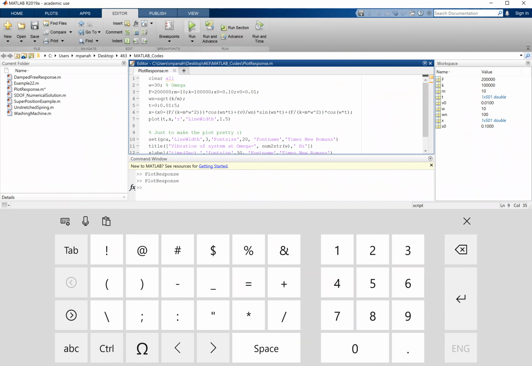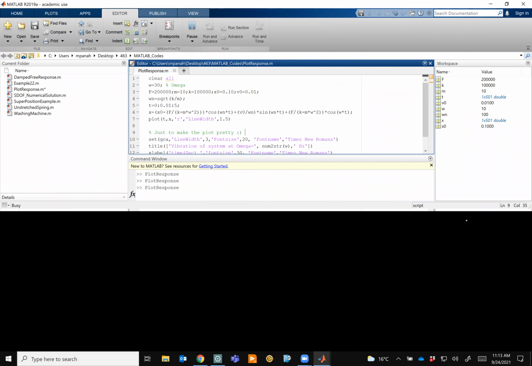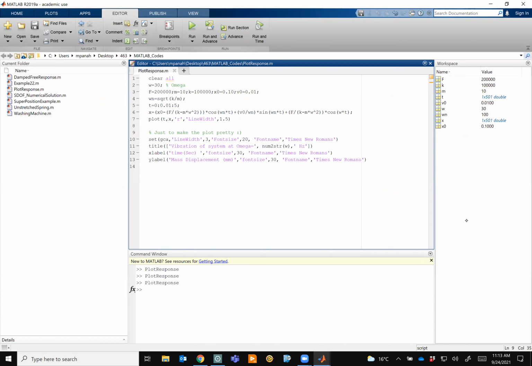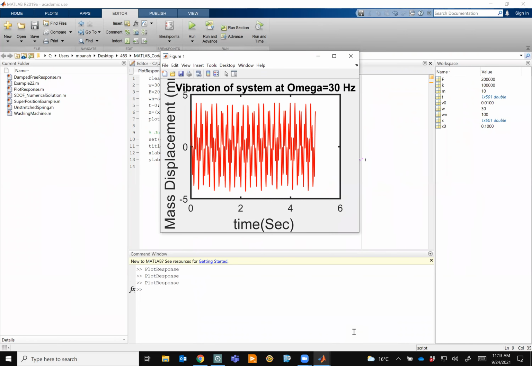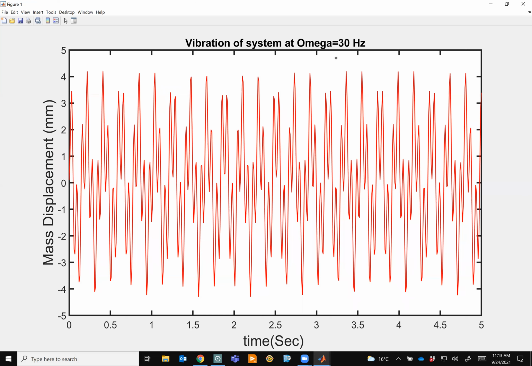All right. Let's run it. So a different wave. The shape is changing because I'm changing the forcing frequency. So two waves add together, and it has a random-looking shape.